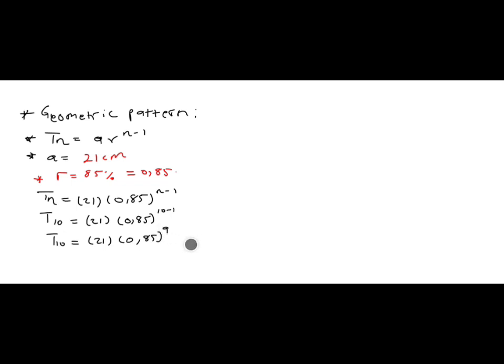So if you use your calculator, you will get an exact answer of 4.863955872 centimeters. But if you round this off, say to 2 decimal places, that will be 4.86 centimeters. So in other words, the 10th rectangle will be 4.86 centimeters.